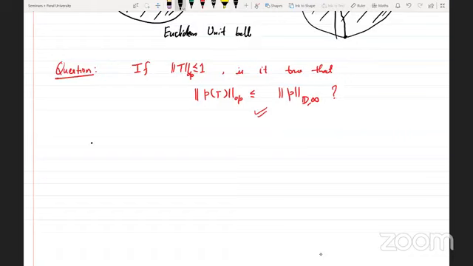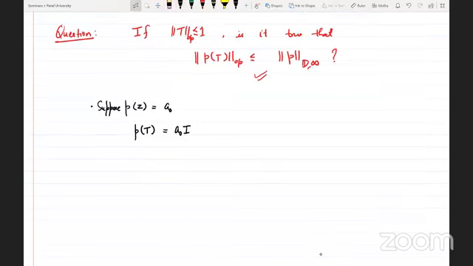First point, suppose your polynomial was a constant polynomial. There is no z involved. Then what will happen? If you look at P of T, as there was no z, there will not be any T in this. So it will simply be a0 times identity.